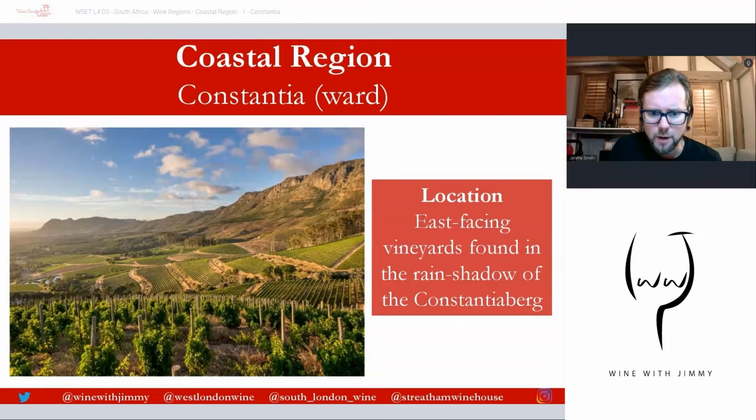What about the location here of Constantia? So the vineyards are planted generally on east-facing slopes of the Constantiaberg that you see in the picture, and that's a mountain that extends from Table Mountain. The aspects will vary, though. It's majorly east, but you will have some north, some northeast, some southeast, and some south here.